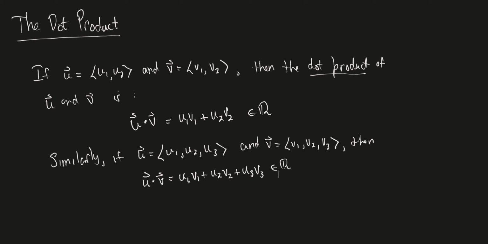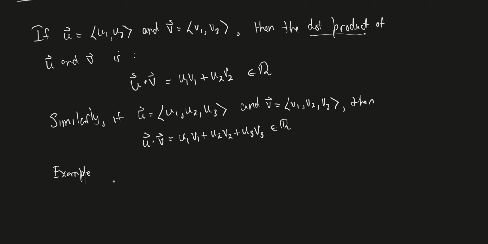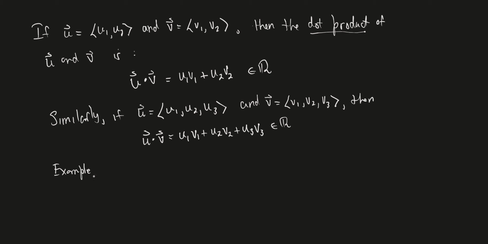All right, so let's do a couple of examples illustrating this. The computations are very simple, but we have to start getting used to the different operations that we're doing with vectors. So let's do our first one. Let's choose u to be 3, -6, and let's say v is the vector -4, 2.